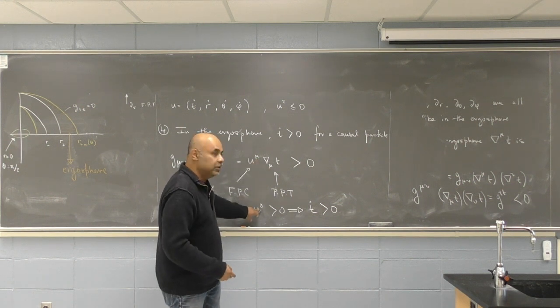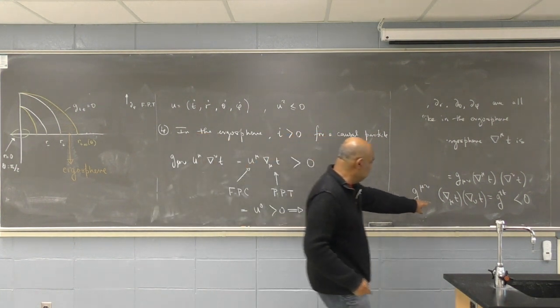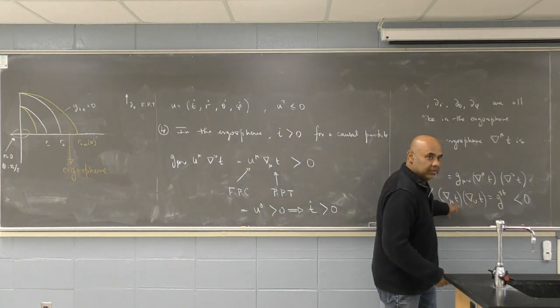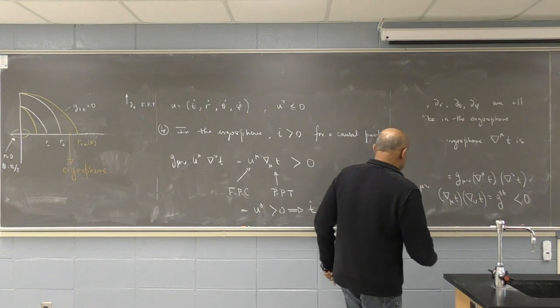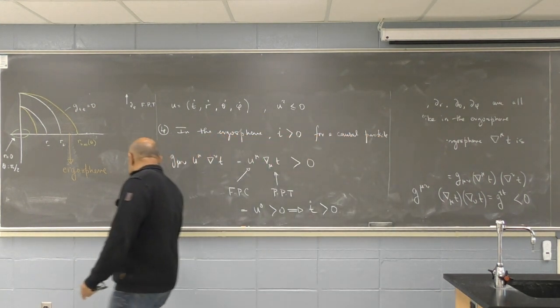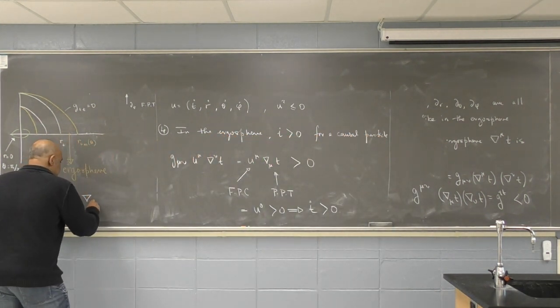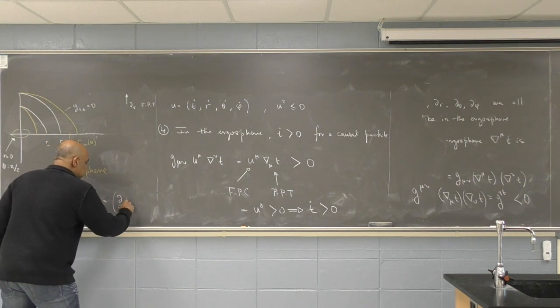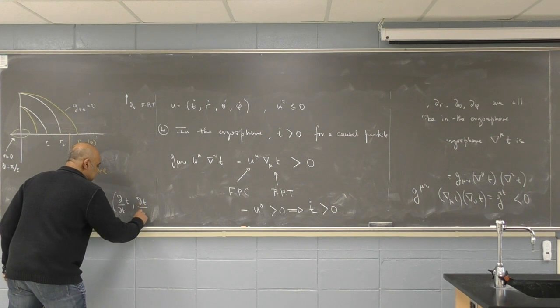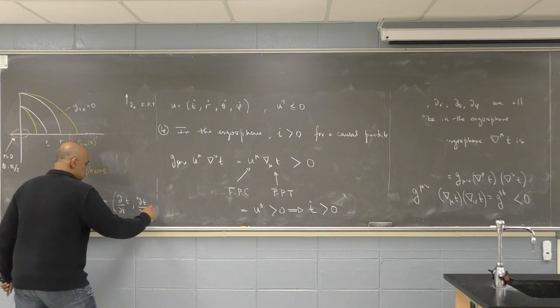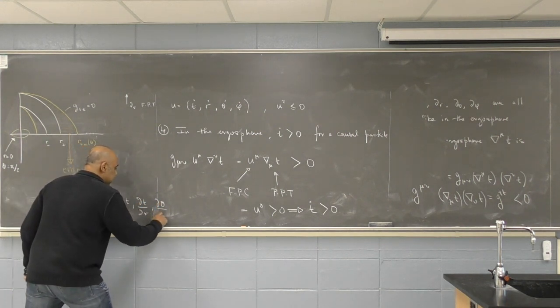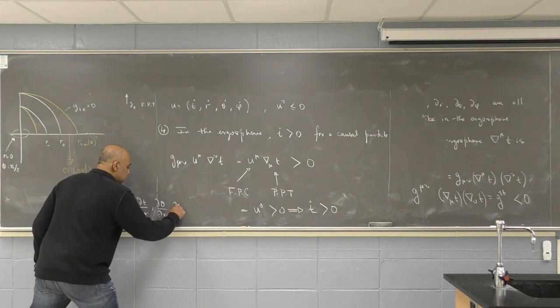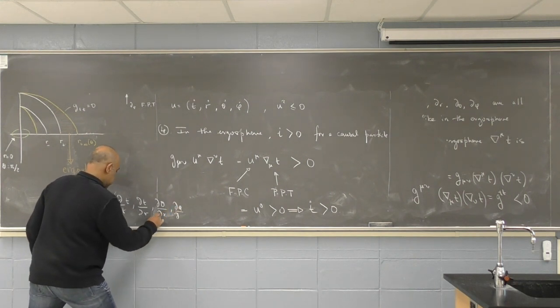And that's why u0 remains. Same thing over here. So what I'm trying to say is d mu of t is dt of t, dr, d theta, d phi. Oh, sorry.